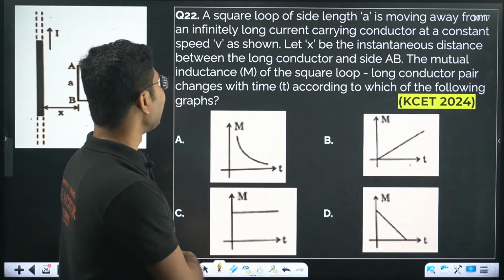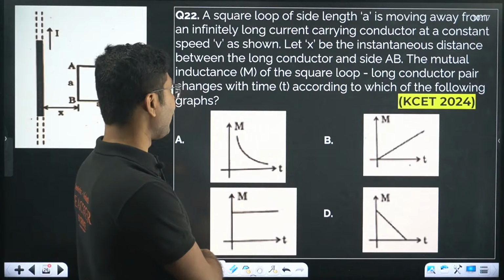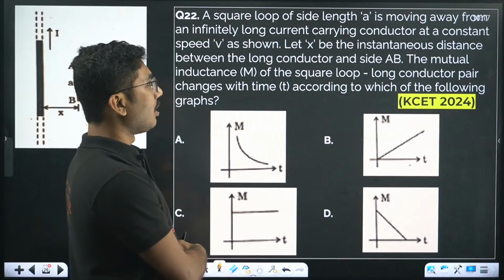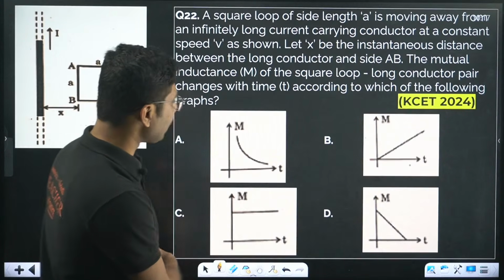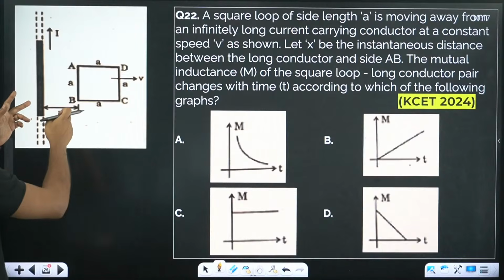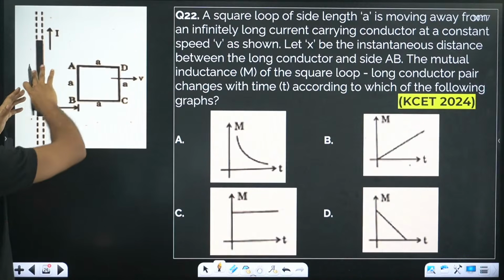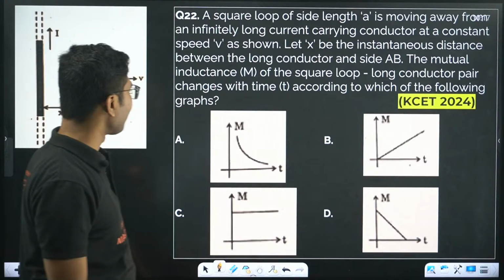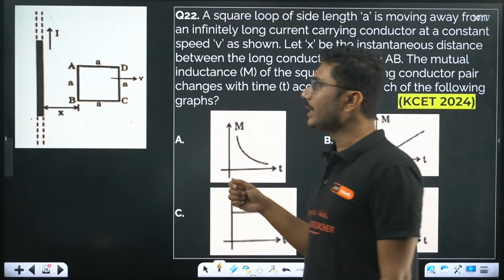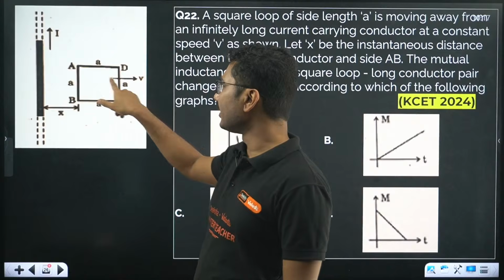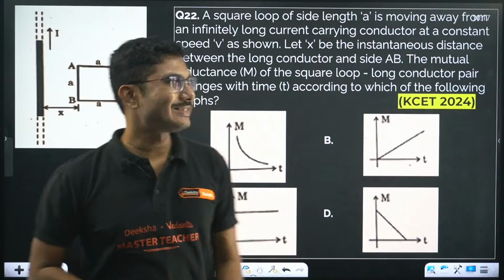The mutual inductance M of the square loop long conductor pair changes with time t according to which of the following? So they have said that this is x, and now the loop is basically going away from the wire slowly. Now what is the mutual inductance between this wire and this loop with time, how is it changing?